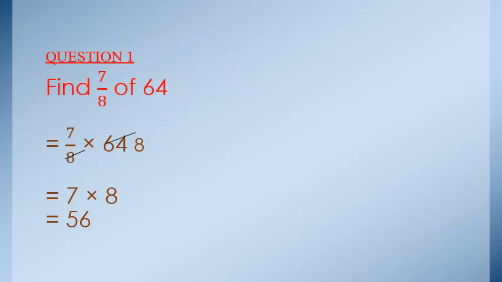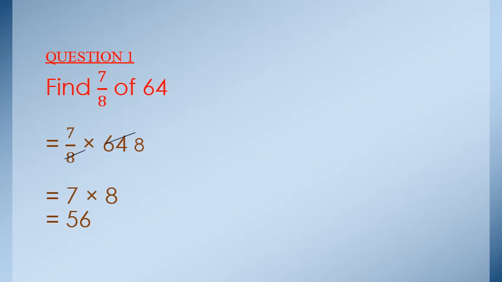Now moving towards the first question of our exercise, let me remind you something. In the previous exercise we have studied two things. The first one was multiplying a fraction with a whole number, and the second portion is multiplying a fraction with another fraction.